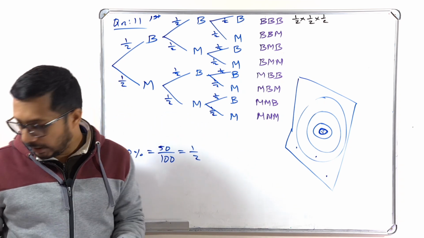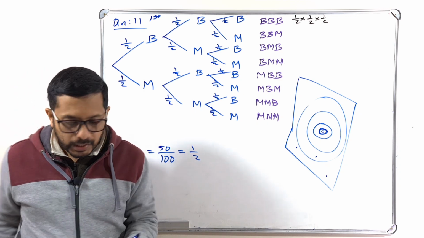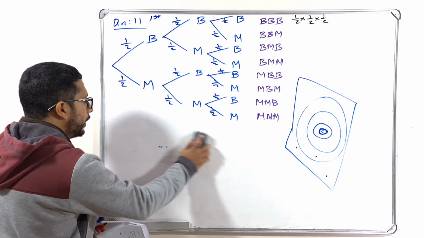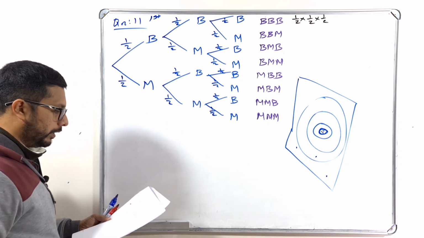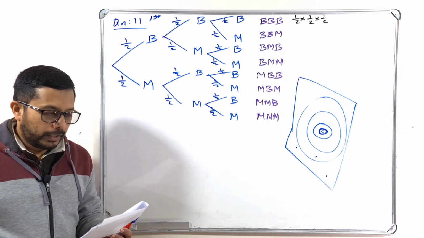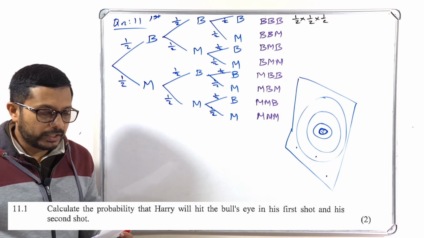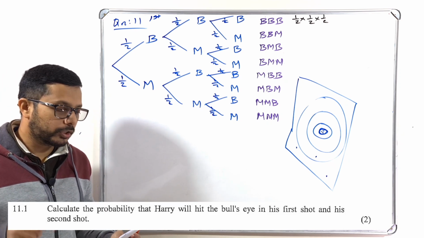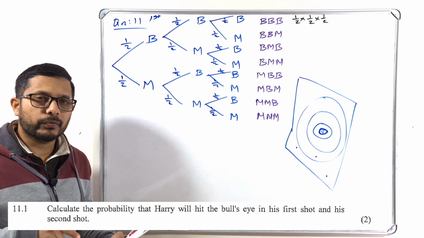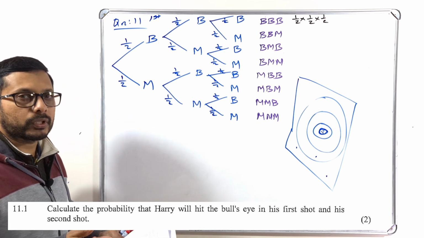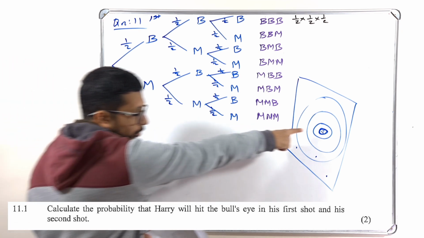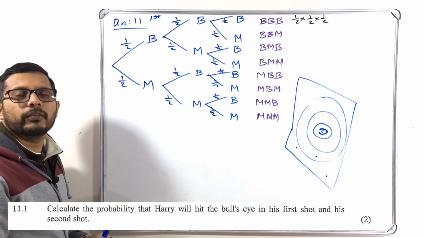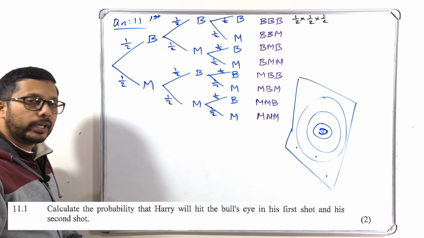What is the first question? 11.1. Calculate the probability that Harry will hit the bullseye in his first shot and his second shot. What do you want to find actually?